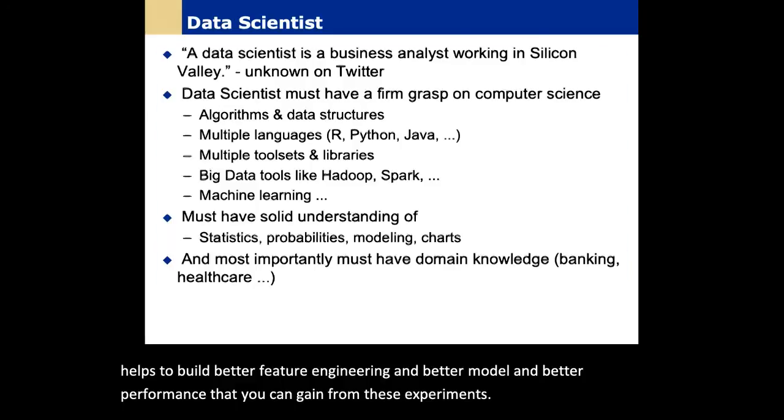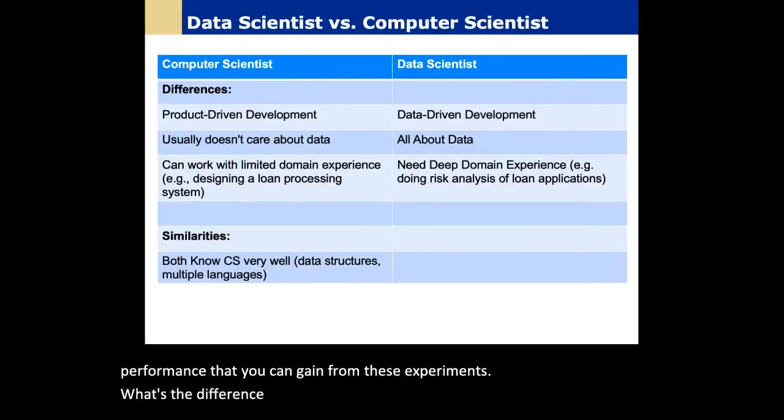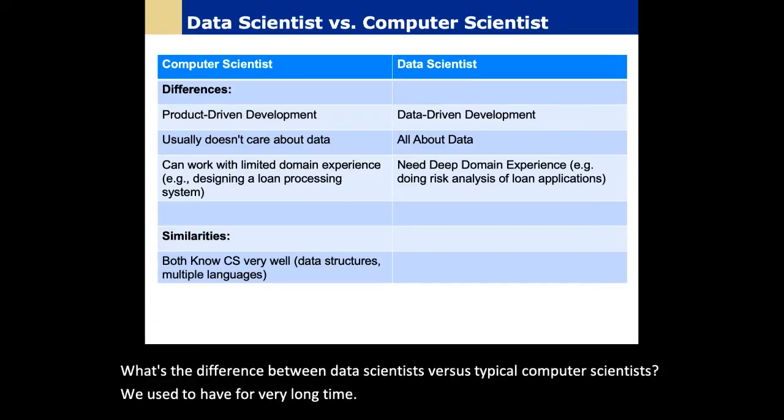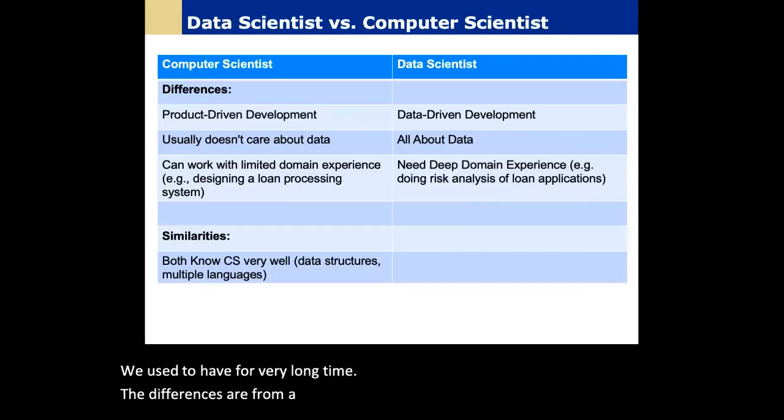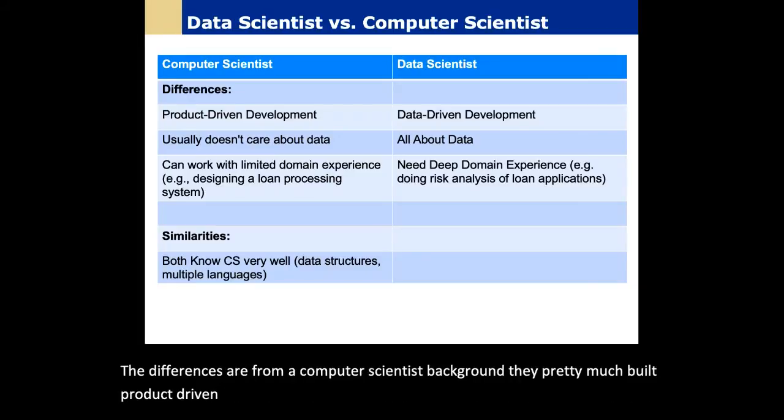So what's the difference between a data scientist and a typical computer scientist we used to have for a very long time? Computer scientists pretty much do product-driven development, but data scientists do data-driven development.